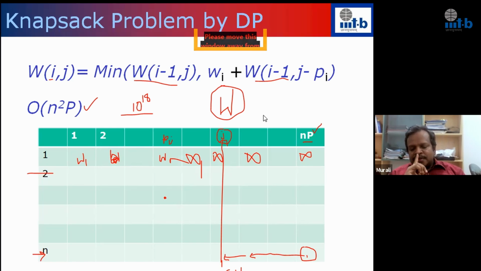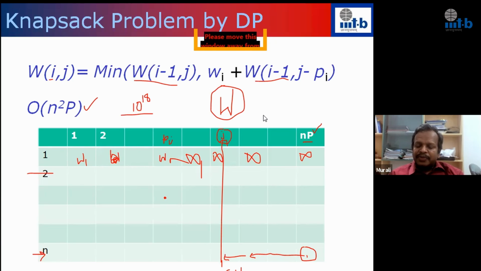Okay, so I'm going to use this particular version of the dynamic programming to design algorithms which, even when P is very large, can be used to get an answer which is very, very close to the optimum solution. It may not give you the exact optimum solution, but it will always guarantee you something very close to the optimum.